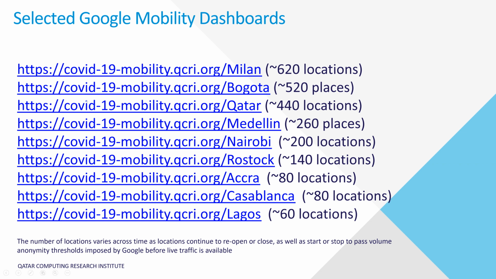For example, here there's a city called Rostock, in Germany, that has 140 locations, and you might have never heard of the city before, but you've almost surely heard of Accra, Casablanca, or Lagos, which are cities that are far, far bigger than Rostock, right? Still, in these cities, we did not find the same number of locations with live information, supposedly because mobile phones, or Android phones, or people who opt in to share their locations are not as widespread as in this German city of Rostock.